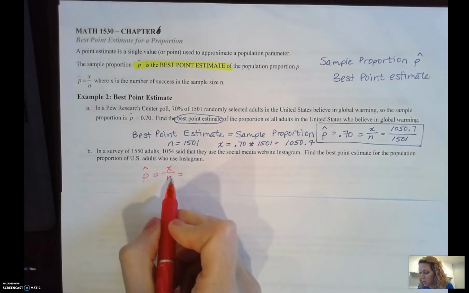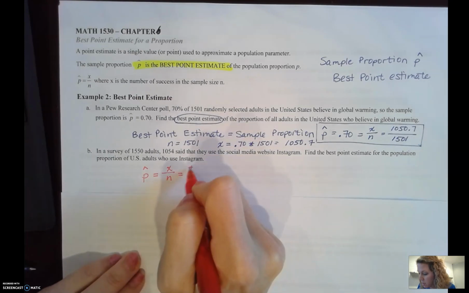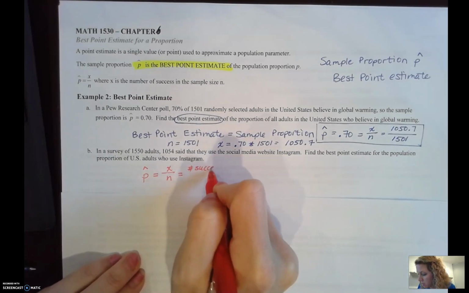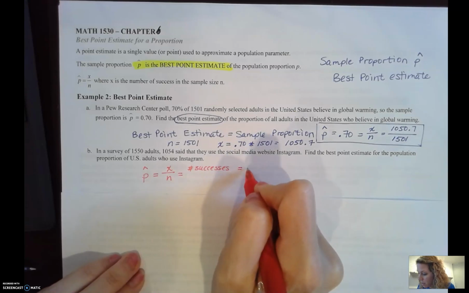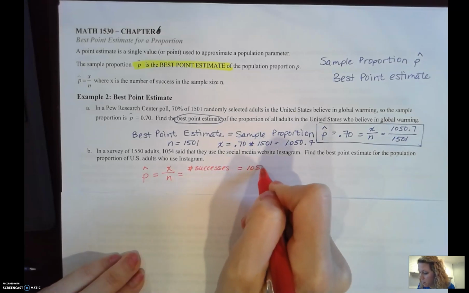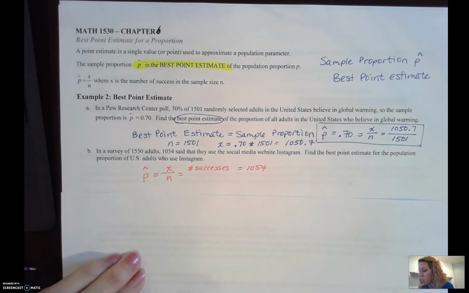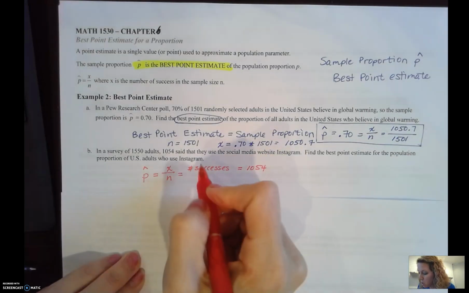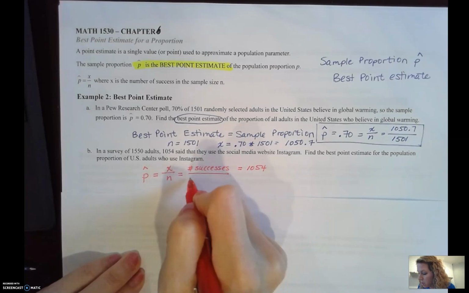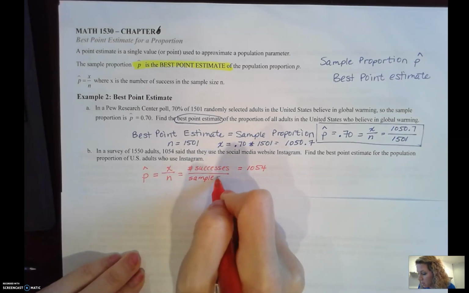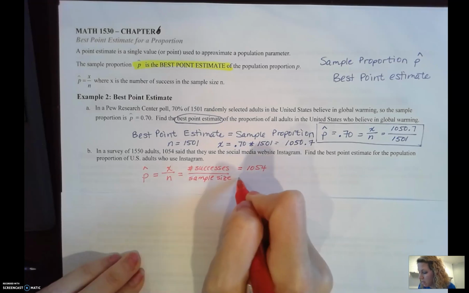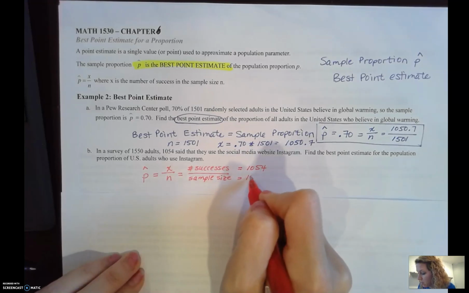X, in this case, is the number of successes, or 1,054, because they said that they use social media website Instagram, all over the sample size, which is n. The sample size n in this case is 1,550.